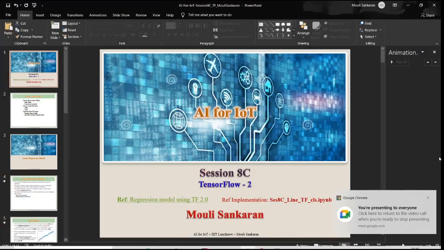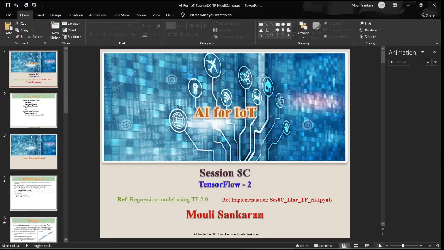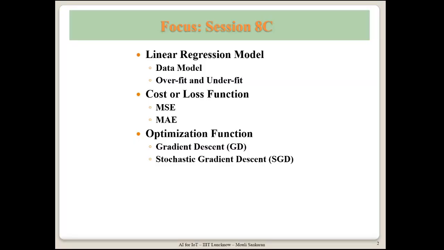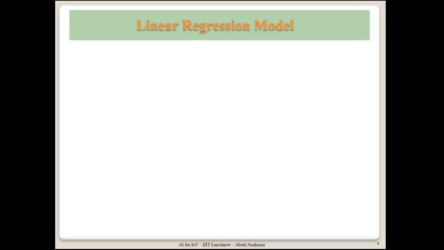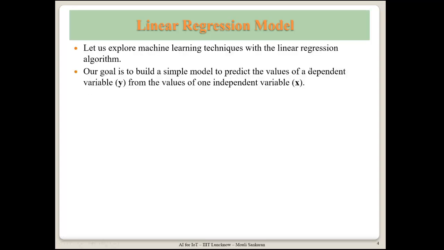So let us start off. I hope you may know most of these things because you have already completed many courses on AI and neural networks. We are going to see some implementation if you have not seen it earlier. Now, it's a linear regression model. We are going to start with the regression algorithm.